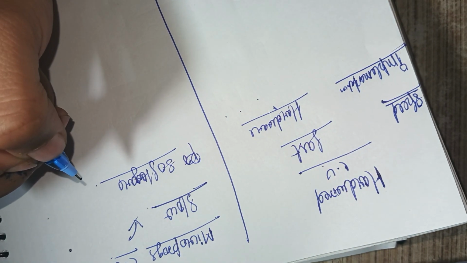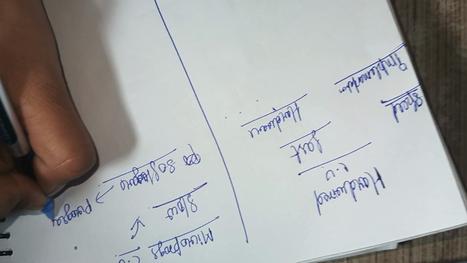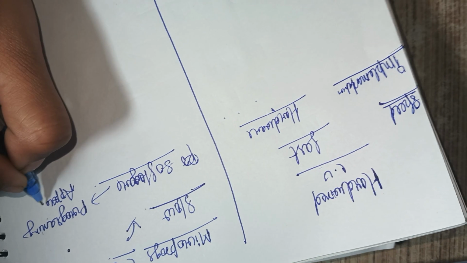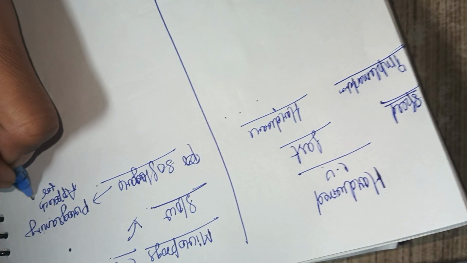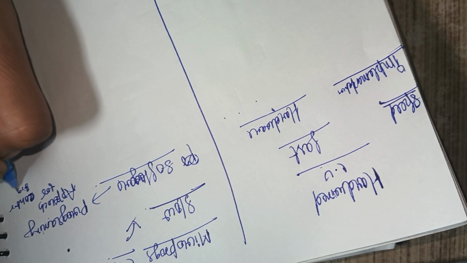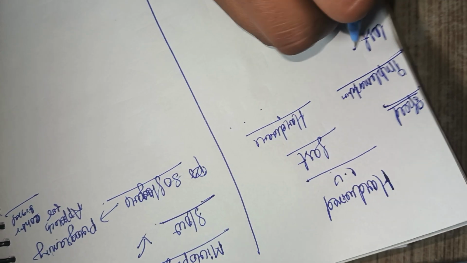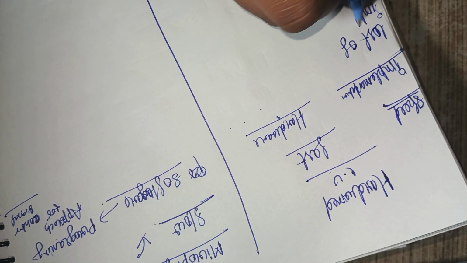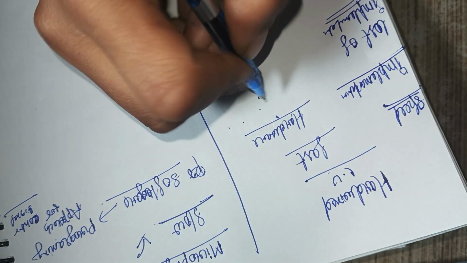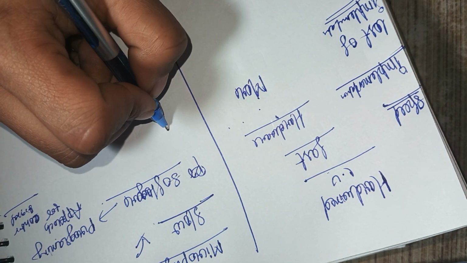It is using a programming approach for generation of the control signal. And cost of implementation: the cost for implementing hardwired is more, whereas the microprogram control unit is cheaper.